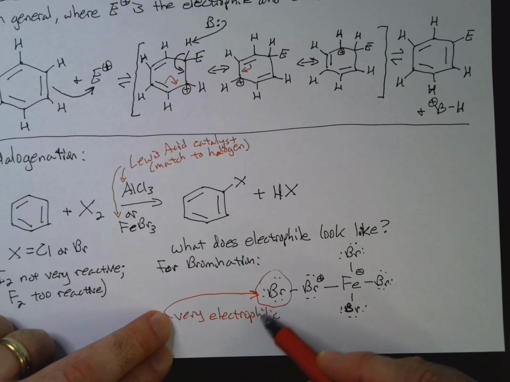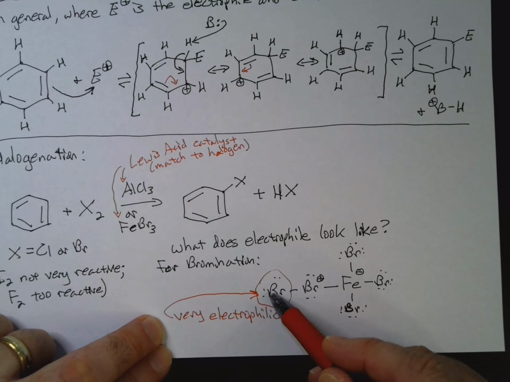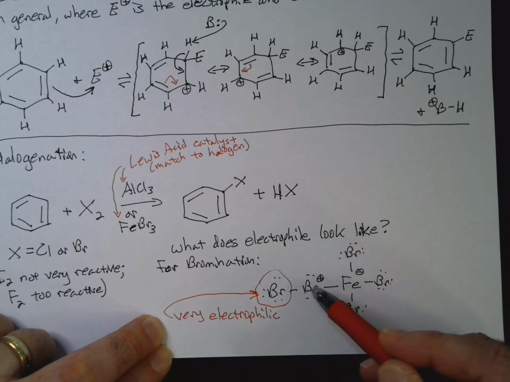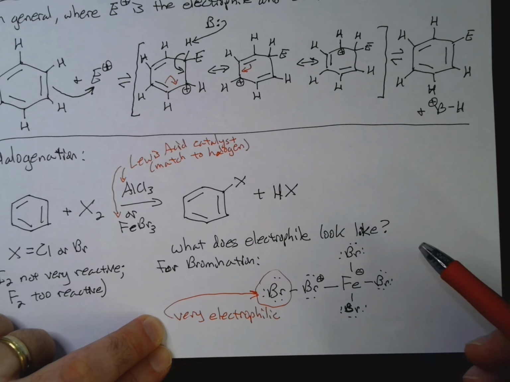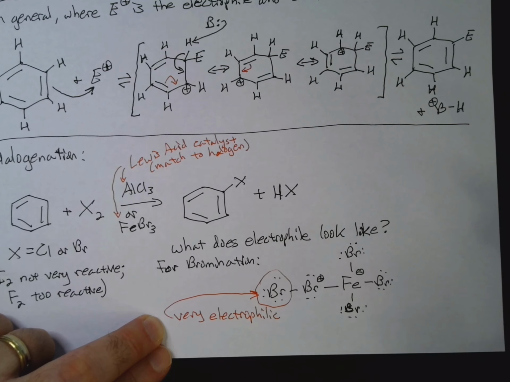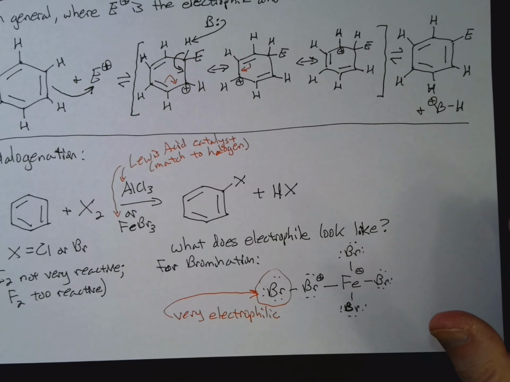Well, if we have some pi electrons that can come along, make a new bond to the bromine, these electrons then get kicked off onto the bromine there, and we'll get an FeBr4 minus ion, which we no longer have the positive formal charge on a bromine, and the negative charge is spread out over all the other bromines. Okay, so that's our electrophile.